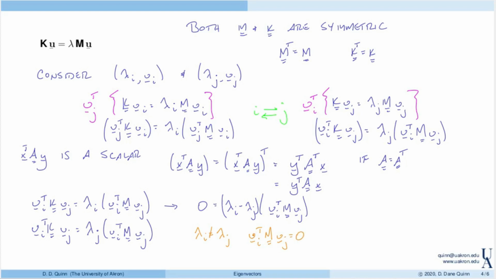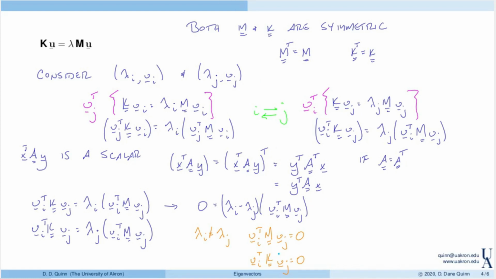So ui transpose times m times uj is equal to 0. And again, going back up to this expression, that also implies that ui transpose times k times uj is equal to 0.